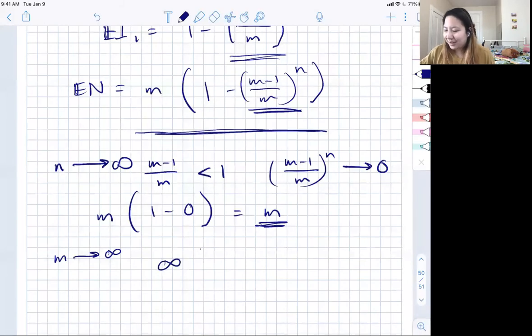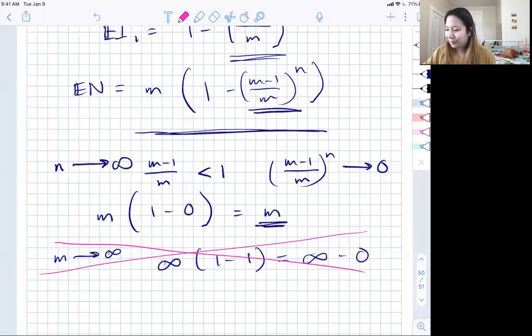It would be like infinity times 1 minus 1 equals 0. But I think this is just not really something we can think about. So let's just disregard this analysis. And this analysis makes a lot more sense anyway, since it makes more sense to be increasing the number of dice we are rolling as opposed to the number of faces on a fixed number of dice. Since generally the number of distinct faces you would get is bounded by the number of dice you're rolling.